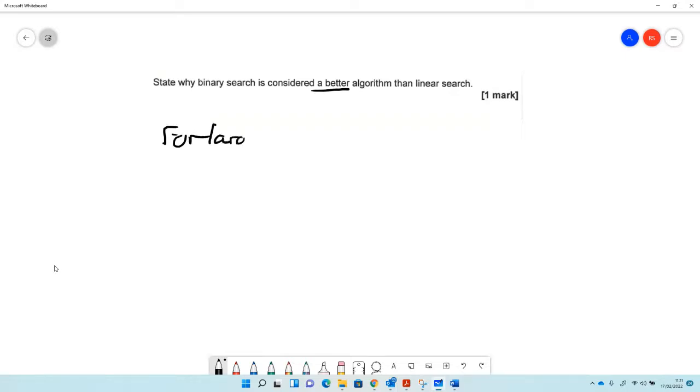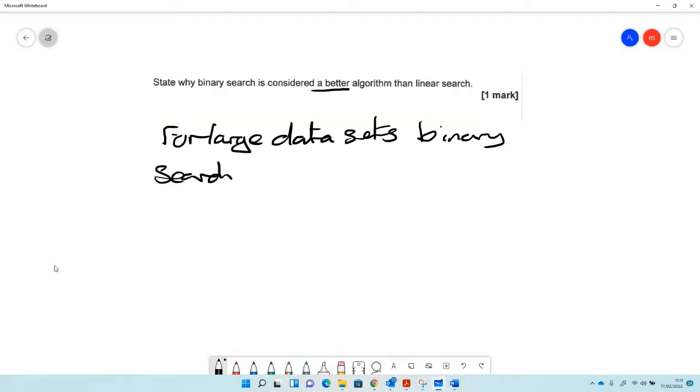large data sets, binary search will, on average, make fewer comparisons.